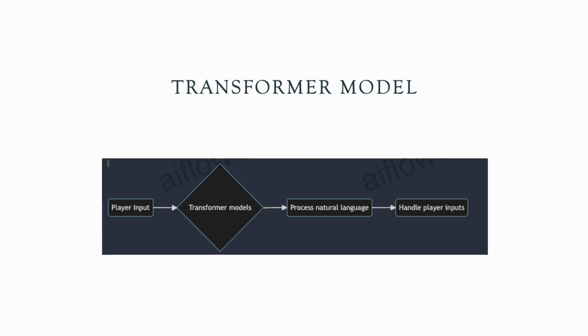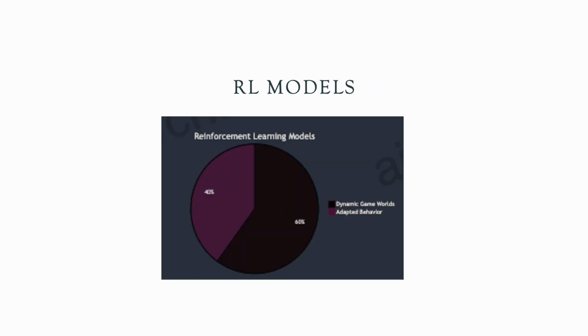As for models that can be helpful in the scenario, transformer models, which are present on this slide, can be worked with, as these are great for understanding and processing natural language, making them ideal for handling players' inputs. And if I go next, that is reinforcement learning models.